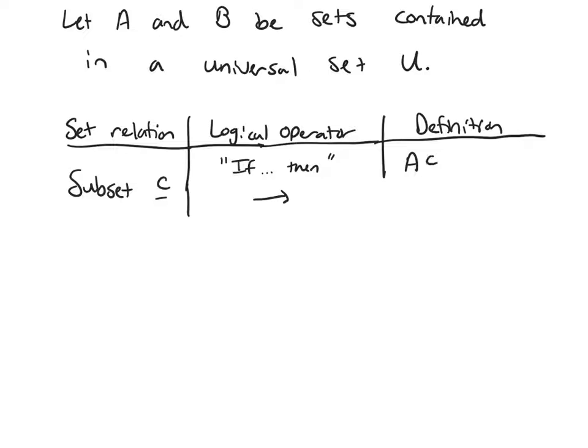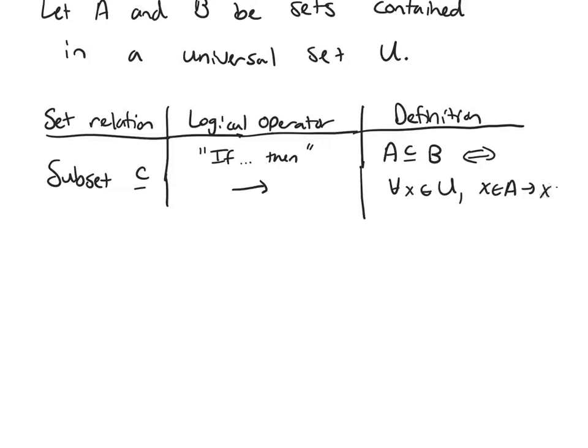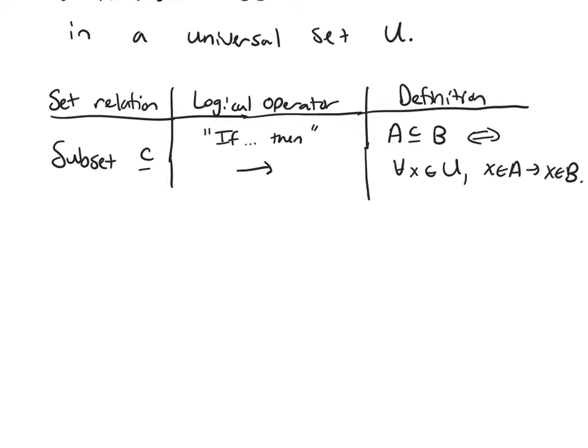So here, A is contained in B if and only if, and I can write the condition for a subset in terms of a conditional statement. For all x in my universal set, if x is in A, then x is in B. So subsets connect to this idea of the conditional statement.